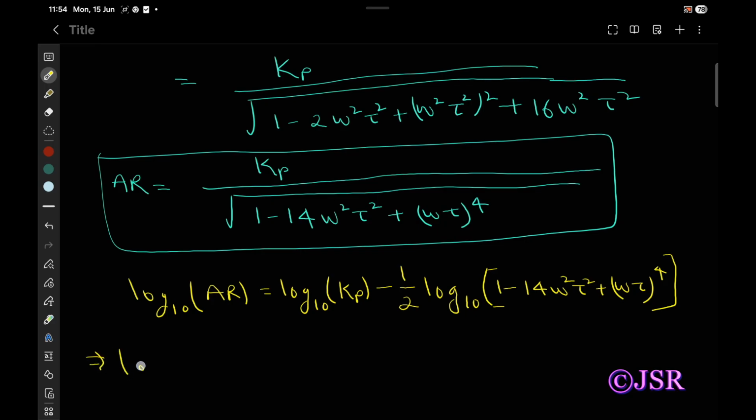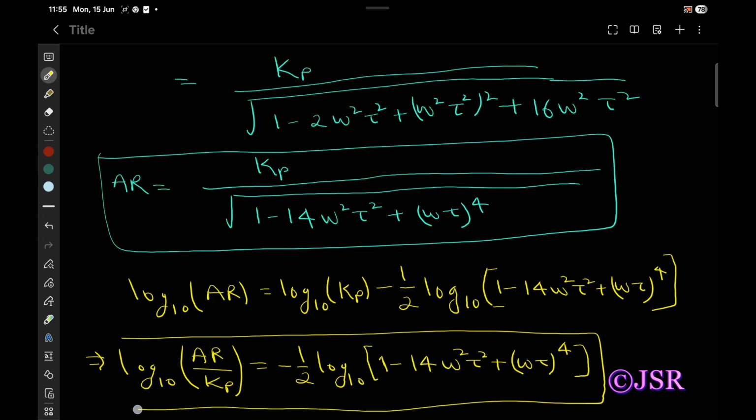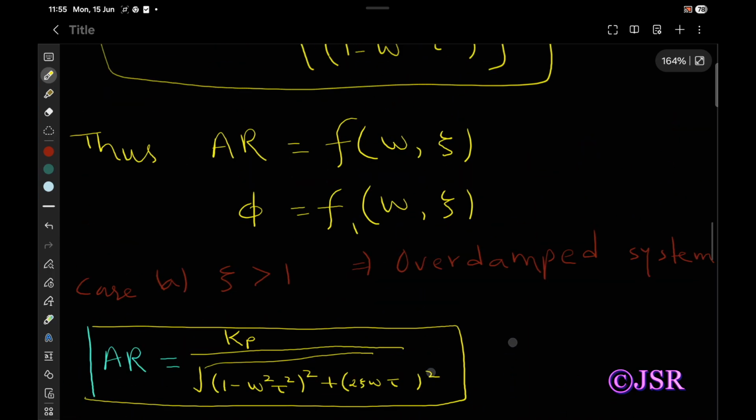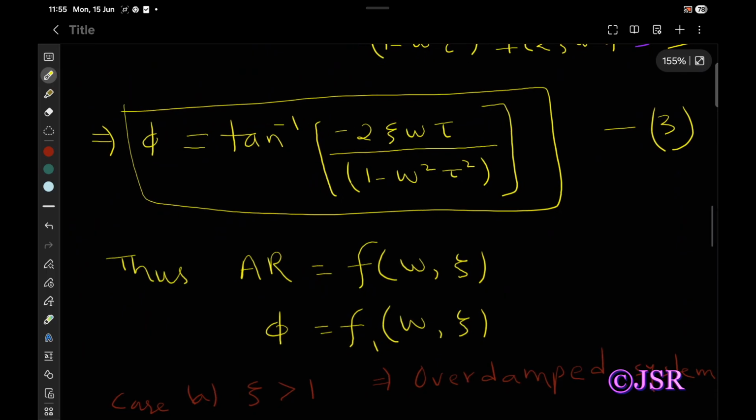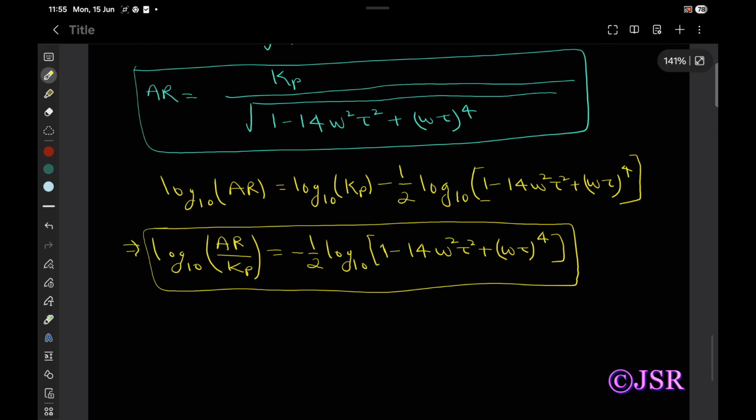So further we can simplify and write log 10 AR by Kp will be equal to minus half log 10 1 minus 14 omega square tau square plus omega tau to the power 4. So this is equation number 4.